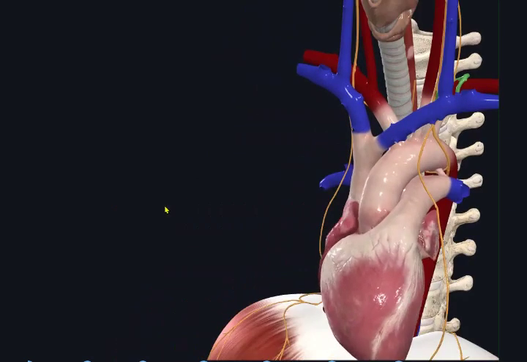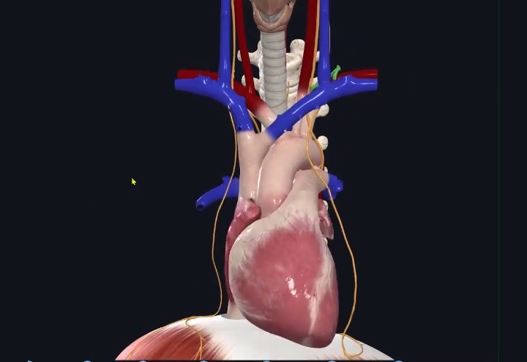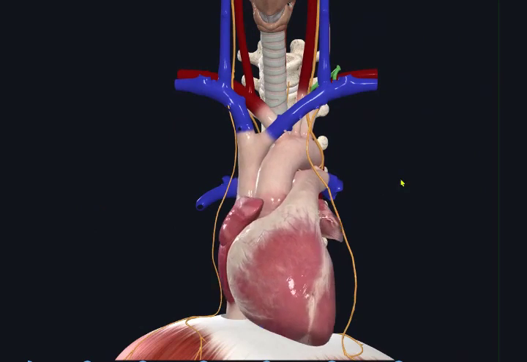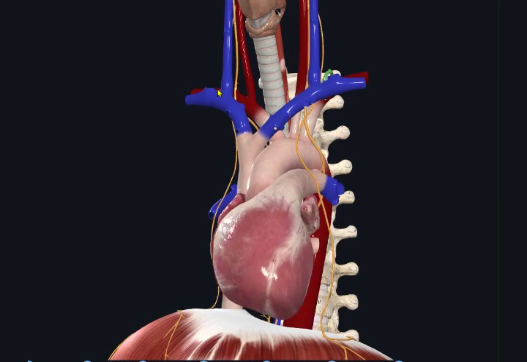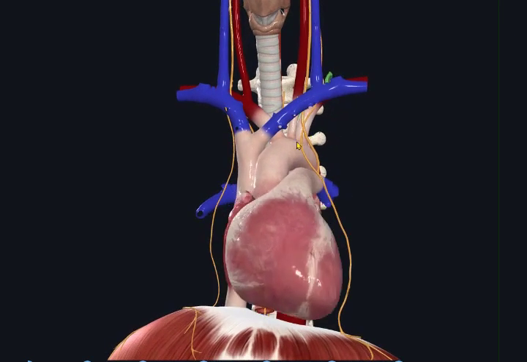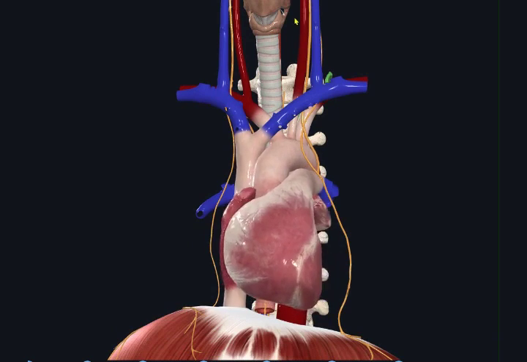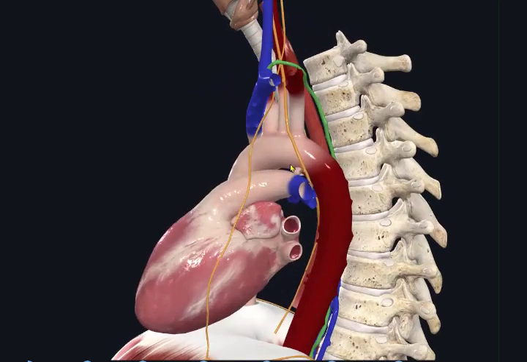The arch gives three big branches, which are the brachiocephalic, which divides into a right subclavian artery to the upper limb and a right common carotid to the head and neck. In addition, two other branches rise separately: the left common carotid to the head and neck, and the left subclavian artery to the upper limb.